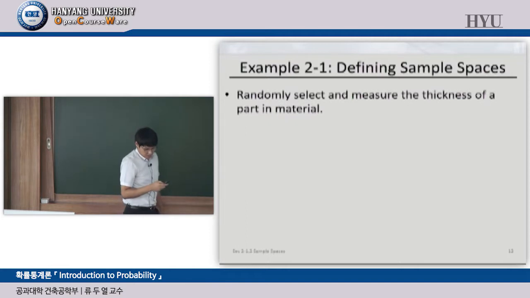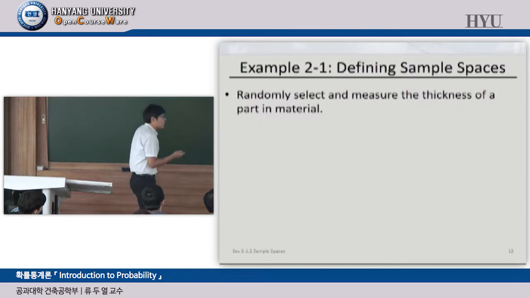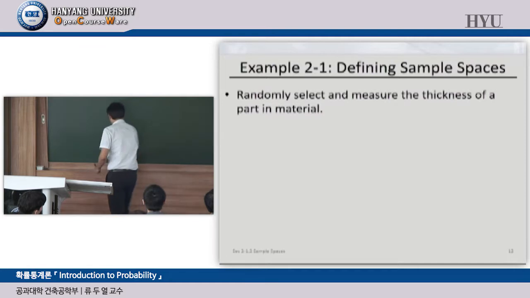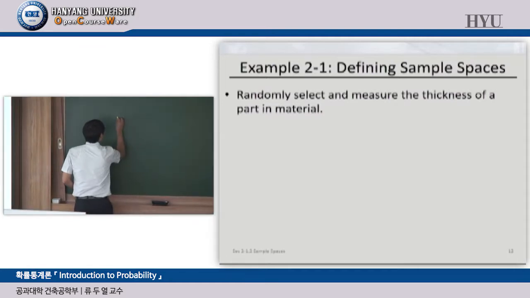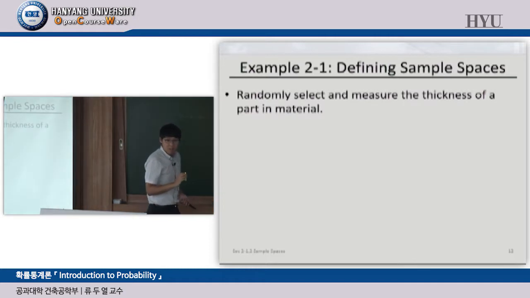If we consider randomly selecting and measuring the thickness of a part in material, the sample space of this case will be positive values. Why? There is no negative thickness in a real situation.